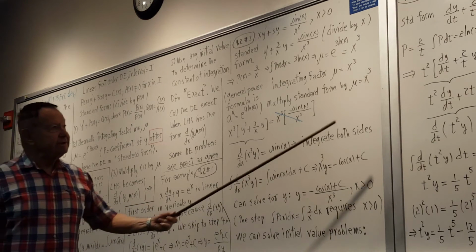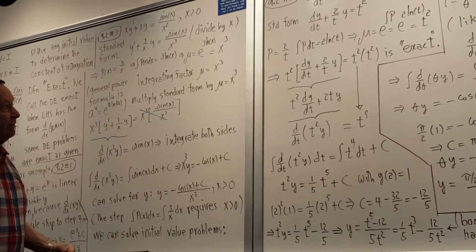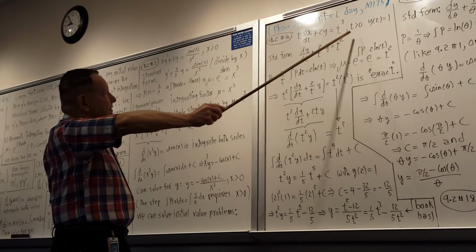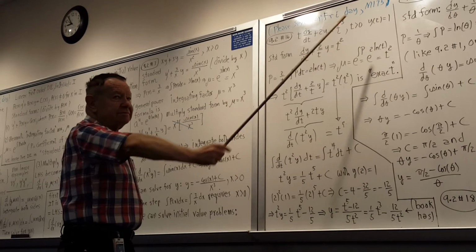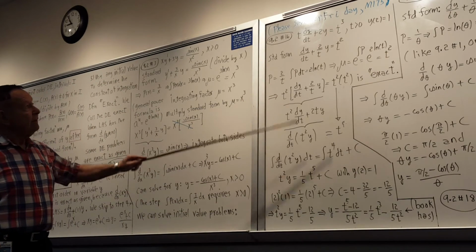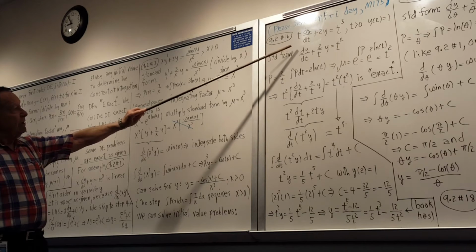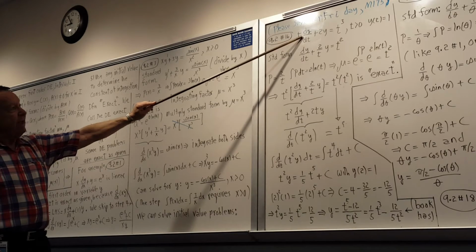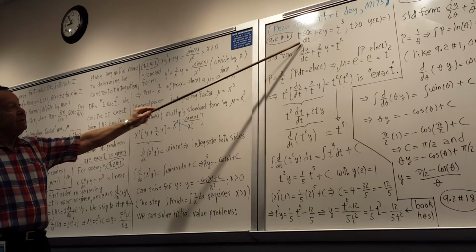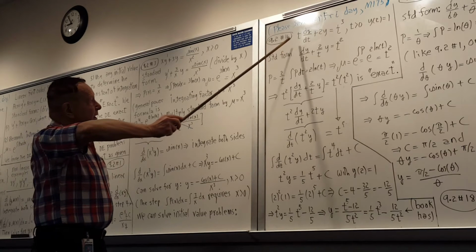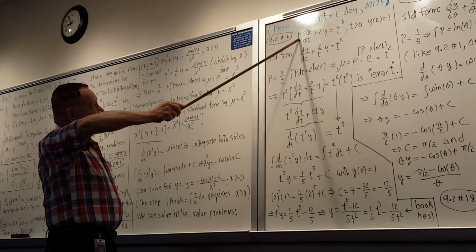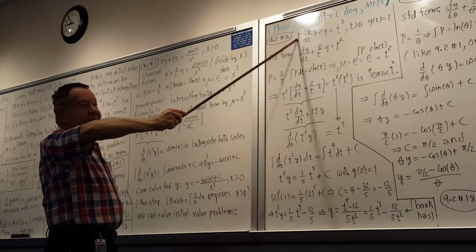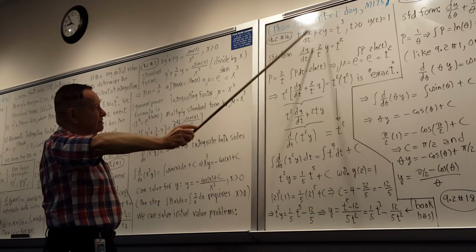But these over here are initial value problems. If you look at 16, you see there's an initial value, y of 2 equals 1. So we look at this one. Again, this is not exact as it stands, but we can go to standard form and divide by t, which we're assuming is not 0.